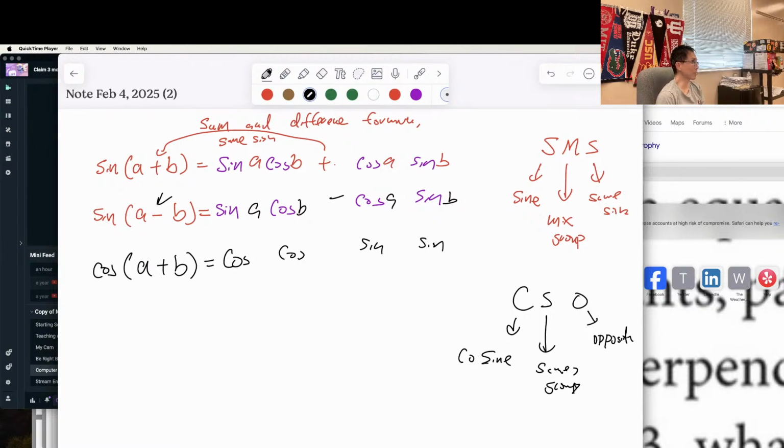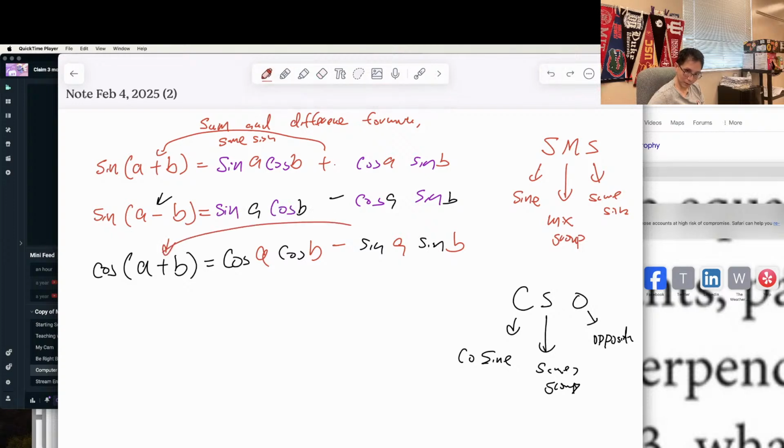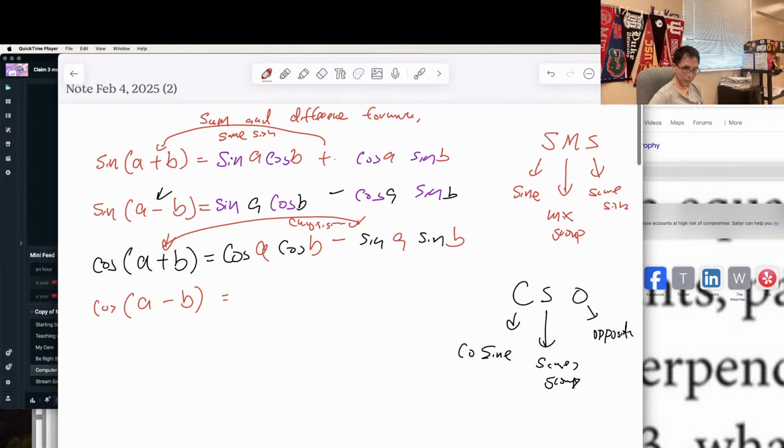This is actually easier. Then you have A, B, A, B. I fill in the angle last, and I fill in the sign. This is a plus sign, and it changed to minus. Does that make sense? Change sign. Cosine of A minus B: again, the same group, cosine, cosine, sine, sine. So it's not memorizing, you just understand the acronym. And this is plus.